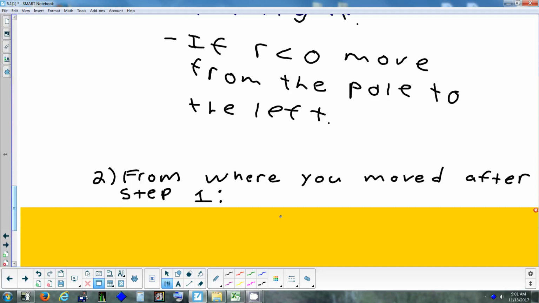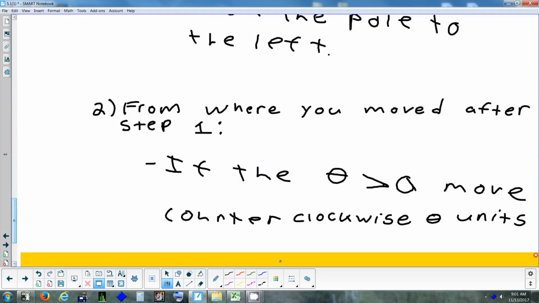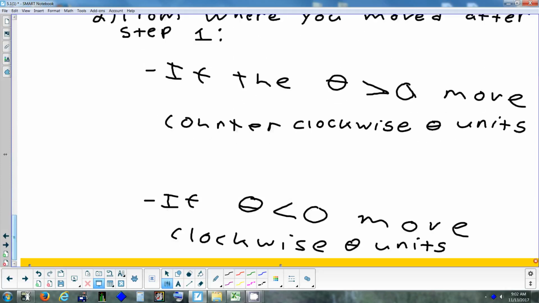One of them is going to be if it's positive, one of them will be if it's negative. So if your angle is positive, that's counterclockwise. Negative angle, clockwise.